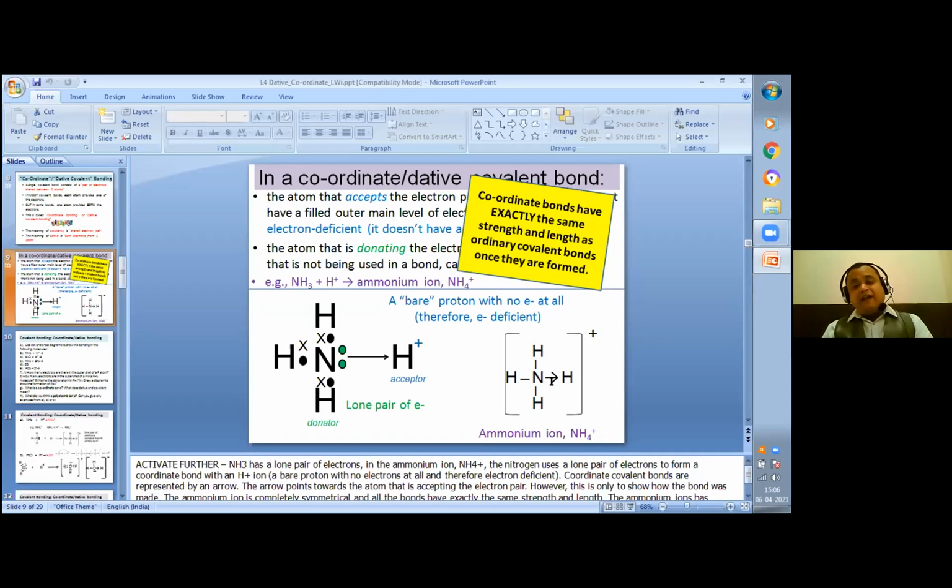Why is the arrow pointing from nitrogen to hydrogen? Because here hydrogen accepts 2 electrons from the nitrogen, and nitrogen is the donor because it donates a pair of electrons, and after that they form the ammonium ion.